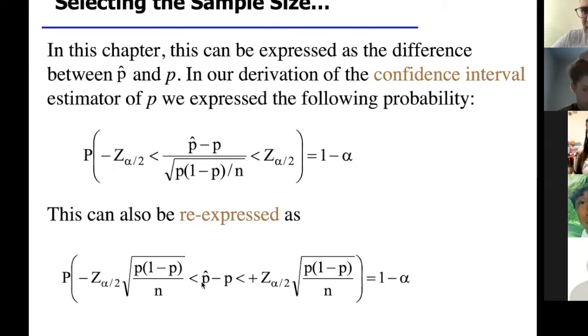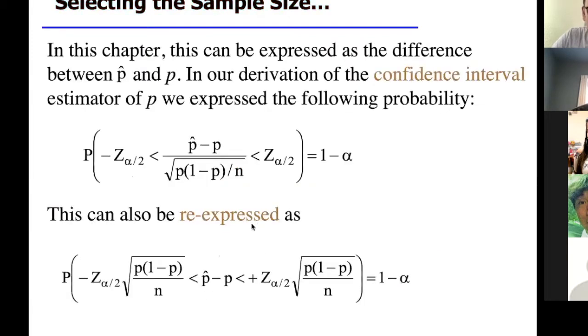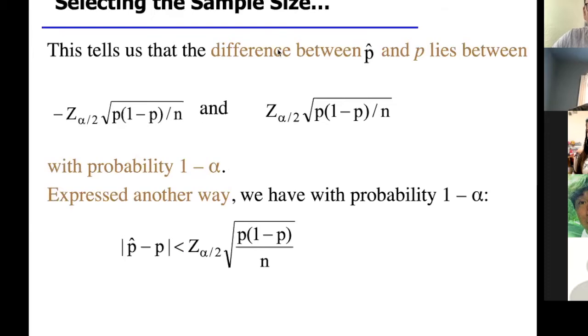That's p hat, which is my sample mean, minus the p, which is the true mean of the population, okay? And remember, that's exactly nothing else than my sampling error or error of estimation. The estimation error is nothing else than the difference between p hat and p.